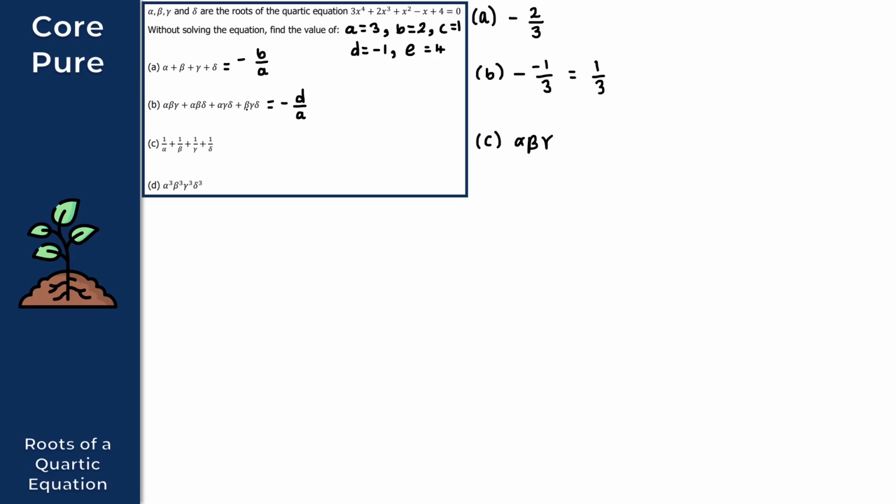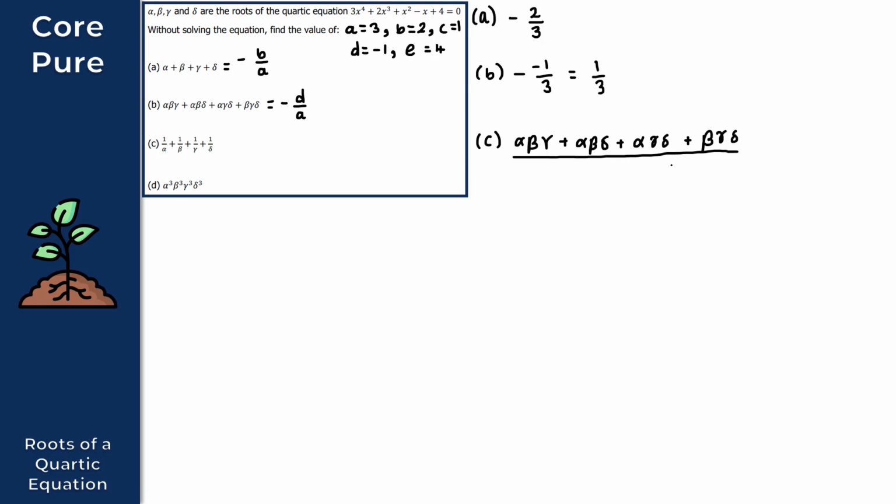That's my numerator: alpha, beta, gamma plus alpha, beta, delta plus alpha, gamma, delta, and then finally beta, gamma, delta. So that's my numerator. Notice it's just the same expression from part B.